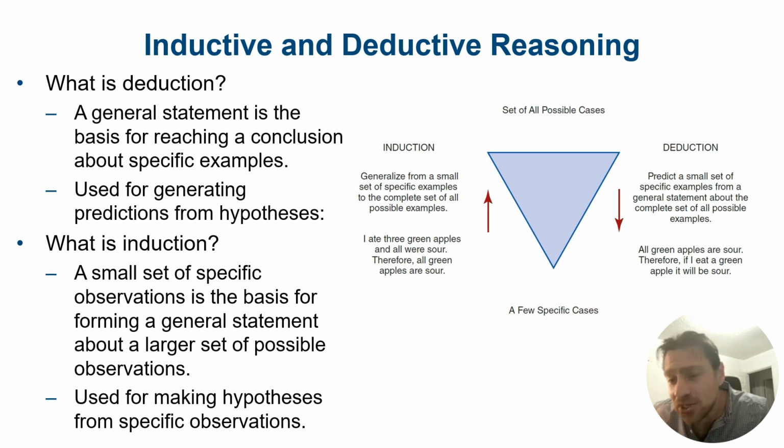So again, induction is going from specific observations to a more general statement. And one example is forming a hypothesis from observations that you make. And deduction is when you go from something general to something more specific. An example is forming a specific prediction that is derived from your hypothesis.